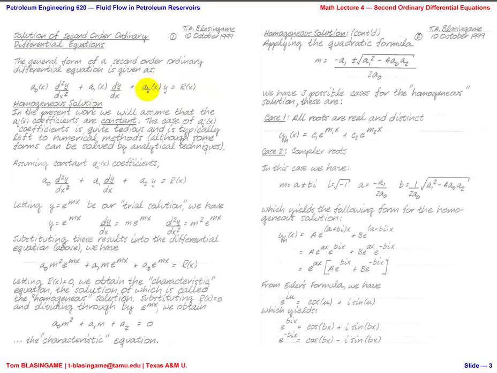So the first case, and I think it is the only case that we're going to talk about tonight, is the case when the coefficients, in this case A0, A1, and A2, are constants.